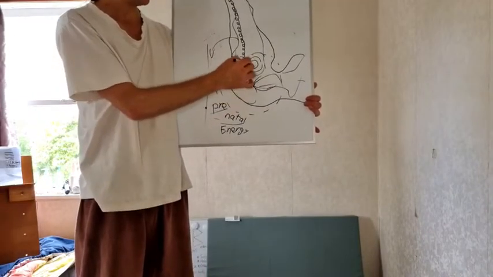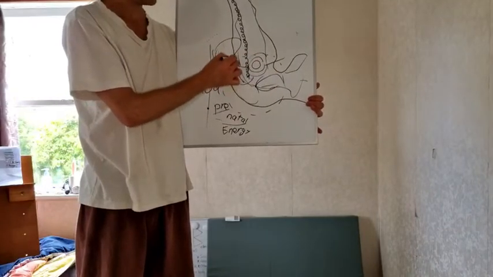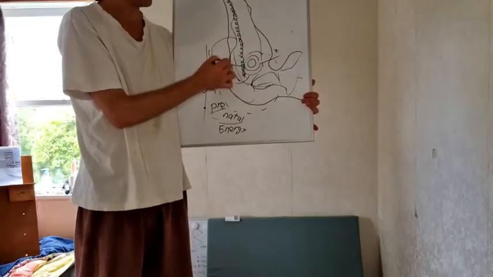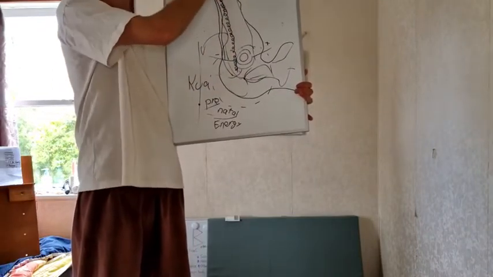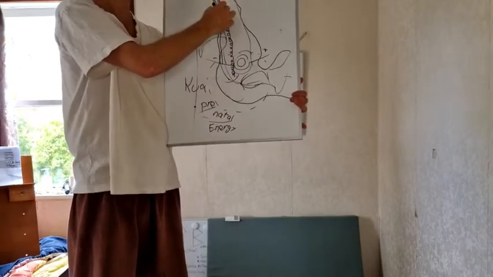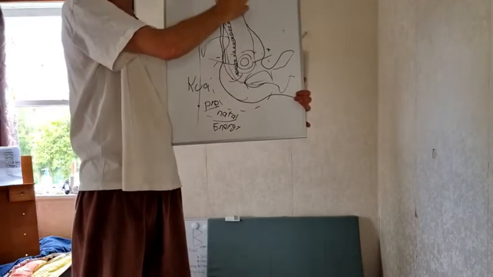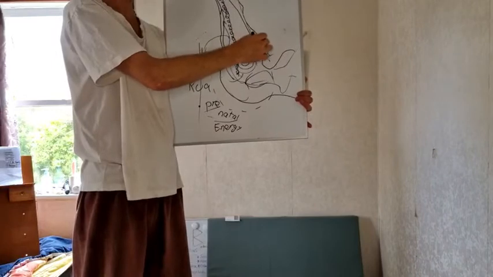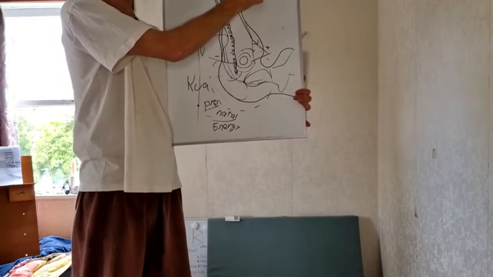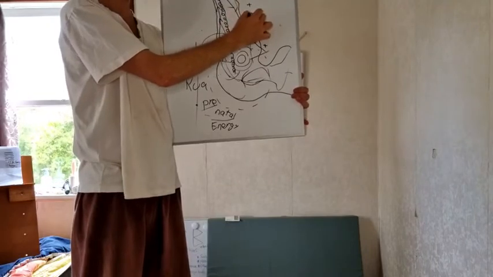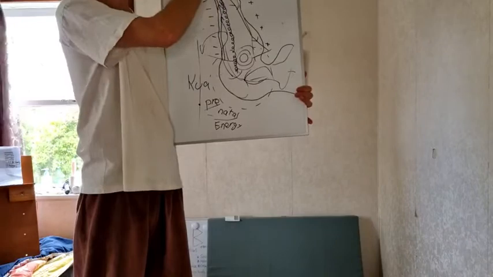You can say that's negative, that's positive, and this one is coming up the body that way, and then it's coming down that way. You can call that positive, and that one negative.